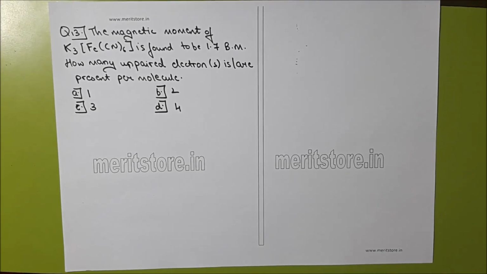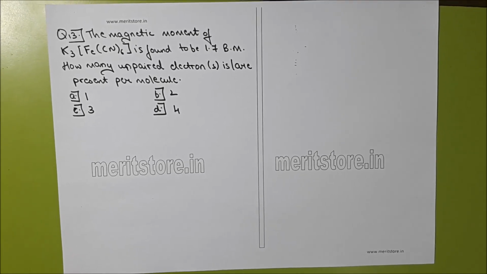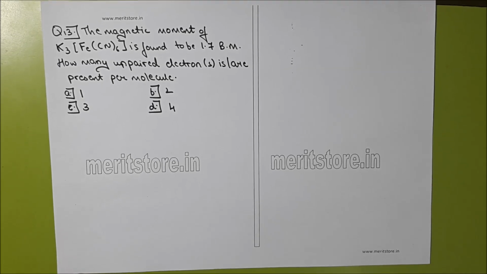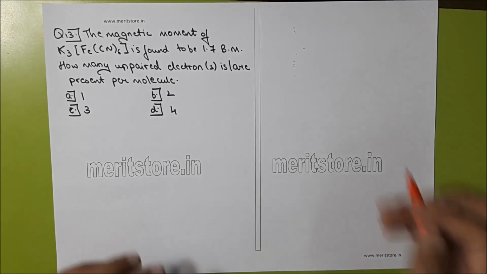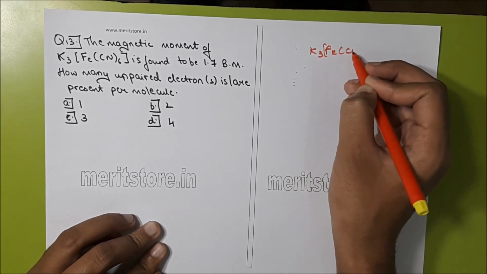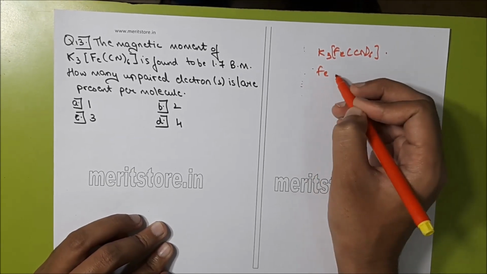Question number 13. The magnetic moment of K3[Fe(CN)6] is found to be 1.7 BM. How many unpaired electrons are present per molecule? A, 1; B, 2; C, 3; D, 4. Okay, K3[Fe(CN)6] is a complex with iron as the central atom.